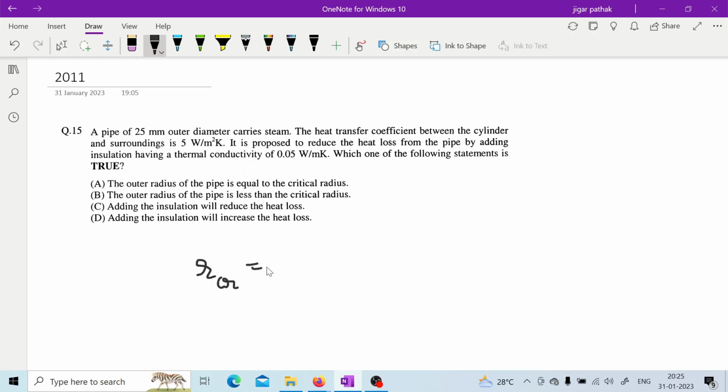So if you calculate the critical radius of insulation, that is k by h, it is 0.05 divided by 5. So it must have come 0.01 meters, so it is 10 mm.